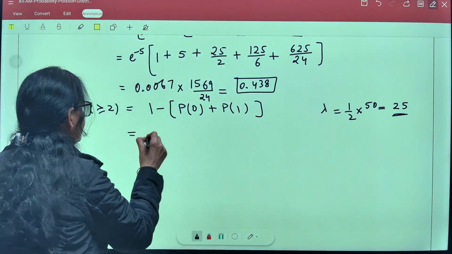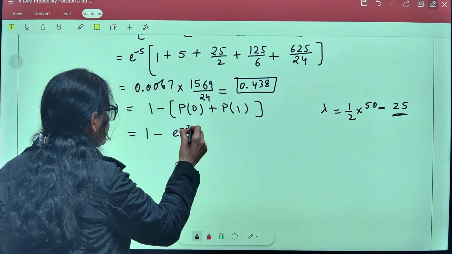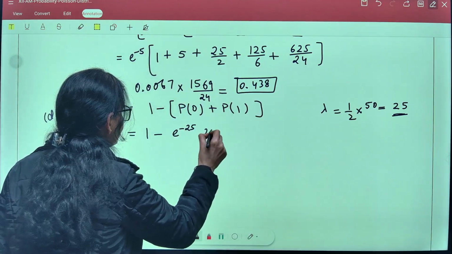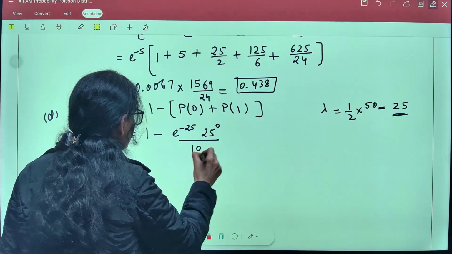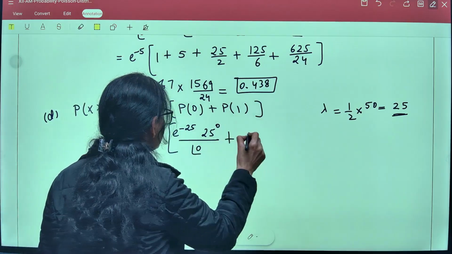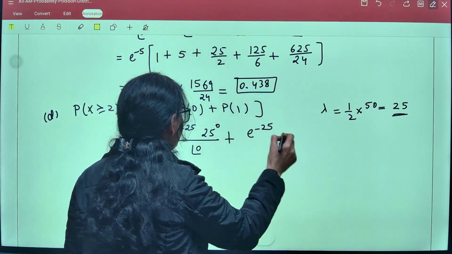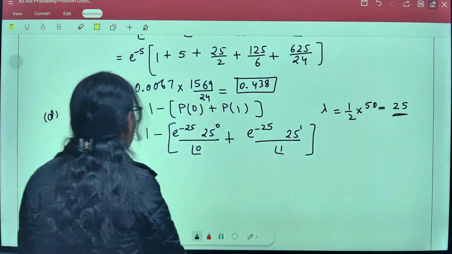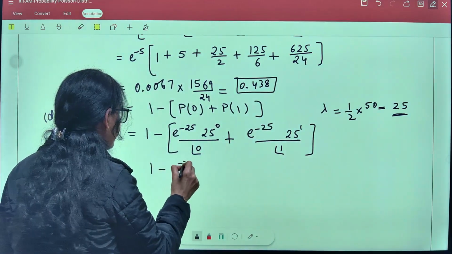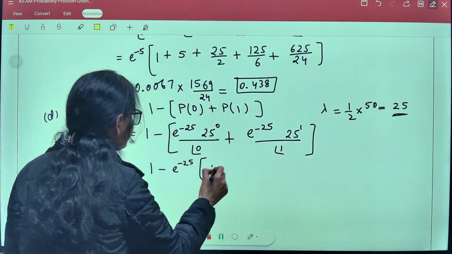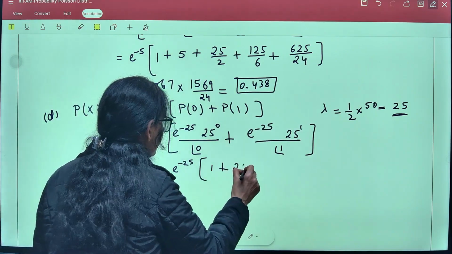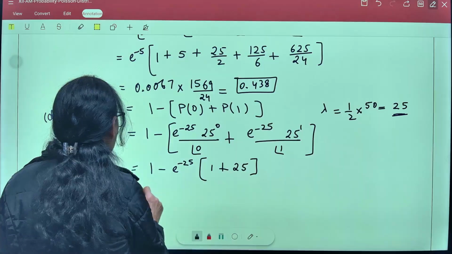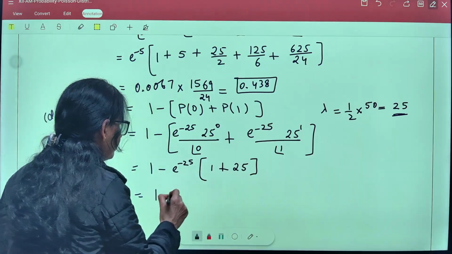So let's do the calculation. 1 minus e raised to power minus 25, 25 to the power 0 upon 0 factorial plus e raised to power minus 25, 25 to the power 1 upon 1 factorial. Take e raised to power minus 25 common out. You are left with 1 plus 25. Now you are not given the value of e raised to power minus 25 in the question.